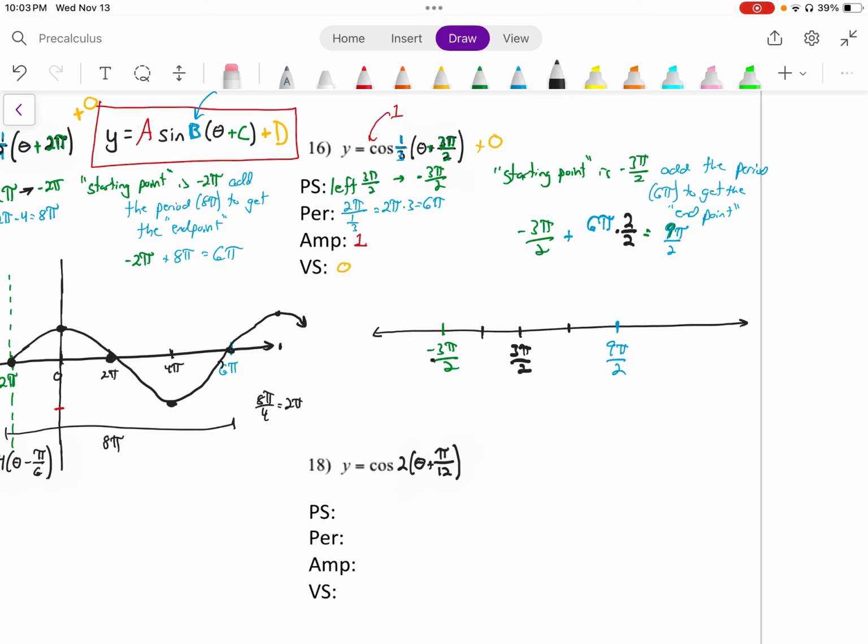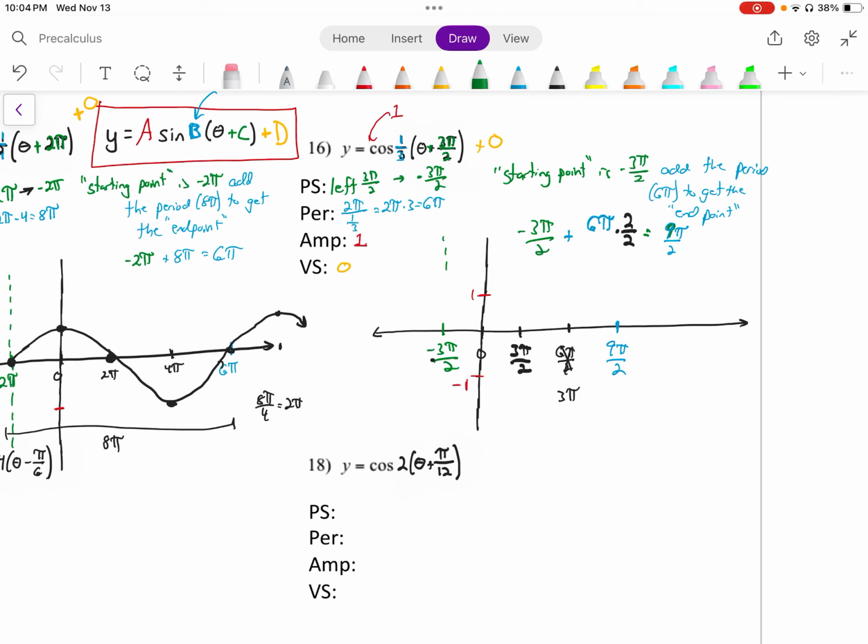And then halfway between 3 and 9 is 6, so this is going to be 6 halves, which is just 3 pi. And this actually is 0. So there's our y-axis. Sometimes it shows up as one of these important spots along here, and sometimes it doesn't. Amplitude is 1, so we're up at 1 and down at -1.